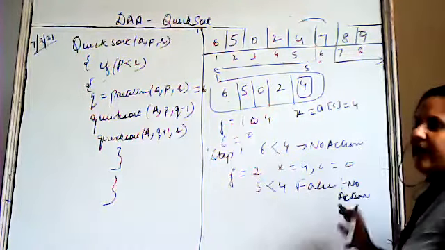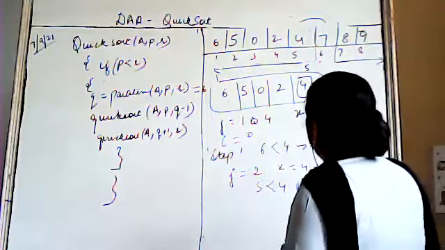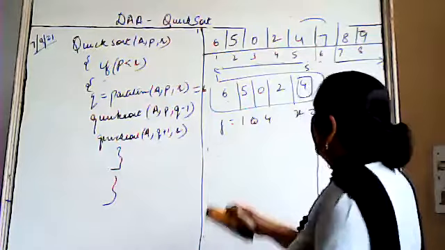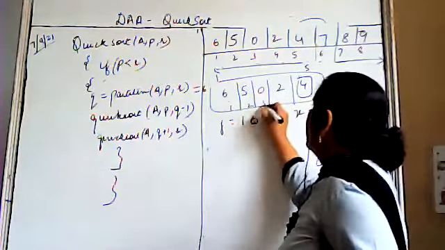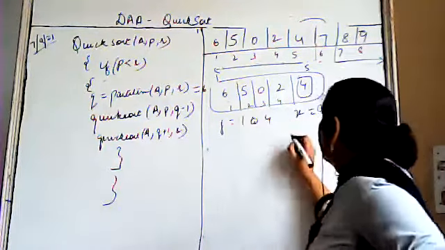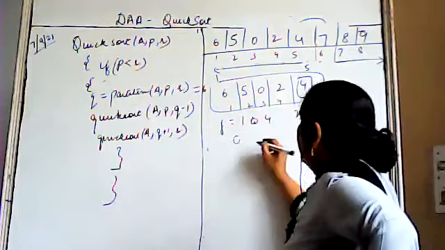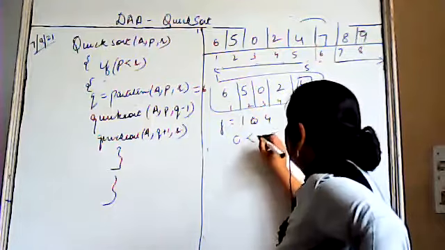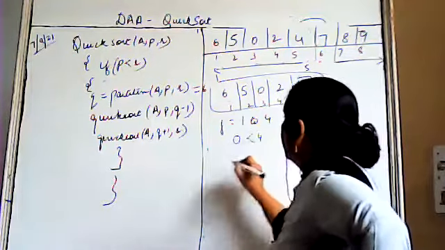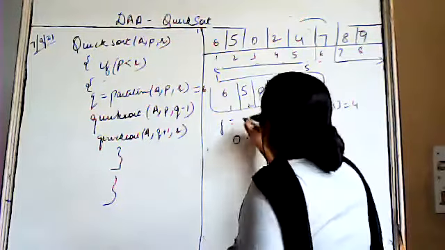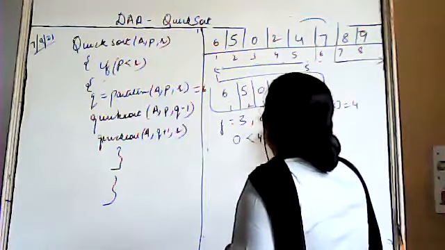Okay. So next, 0. One, two, three, 4, and this is like this. 0 is less than key, that is 4, at J is equal to 3, and A of J is 0.